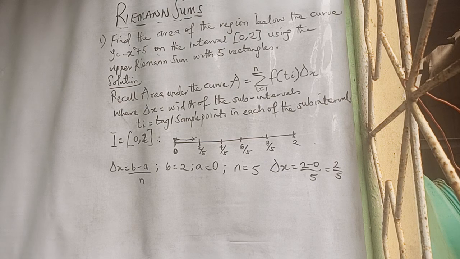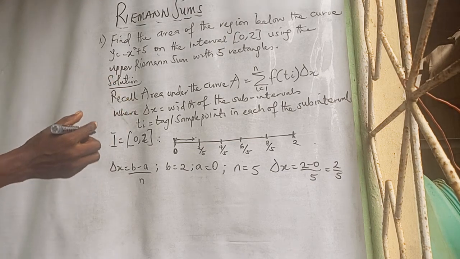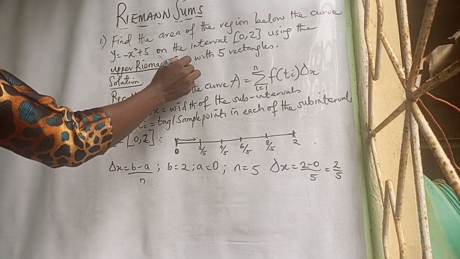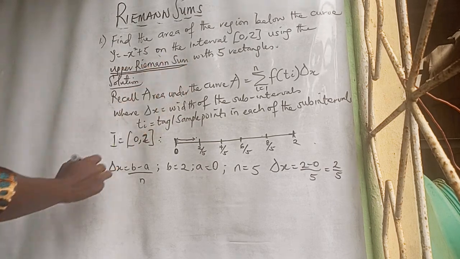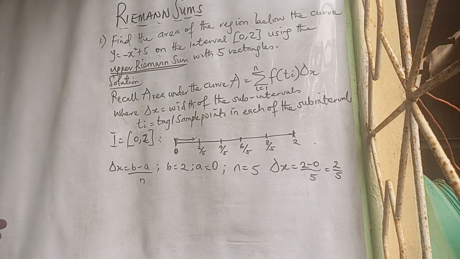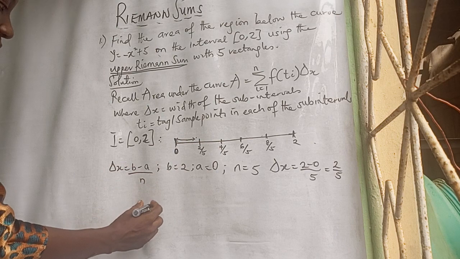Now the area under the curve, remember we are told to use the upper Riemann sum. What are our subintervals from here?